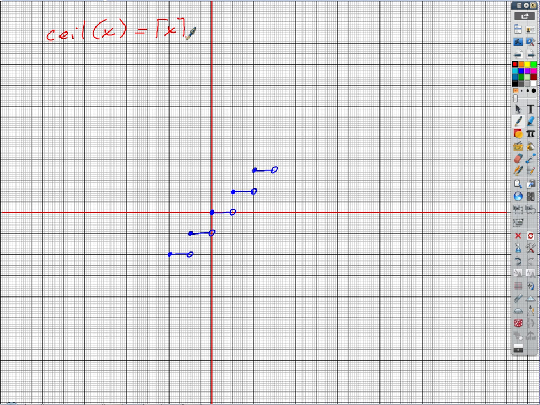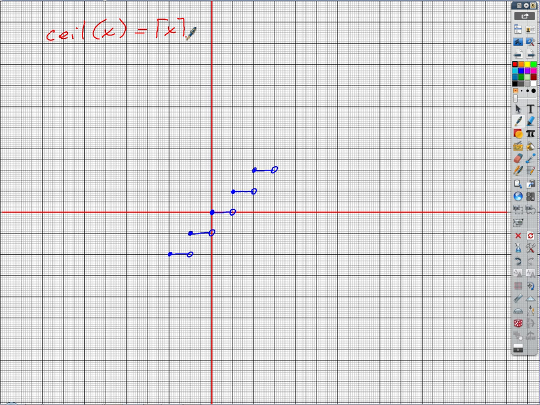For every input value of x, it's gonna be the least integer that is greater than or equal to x. Why ceiling? That's ceiling because it's pushing it up to the next integer. Raising the roof.